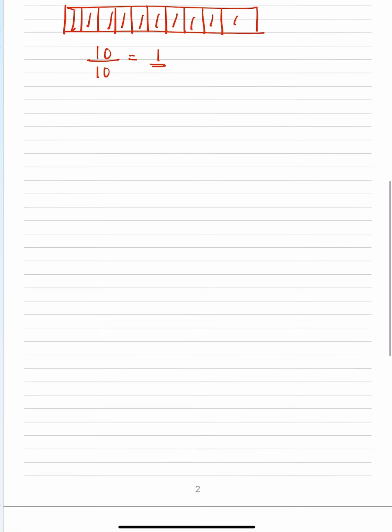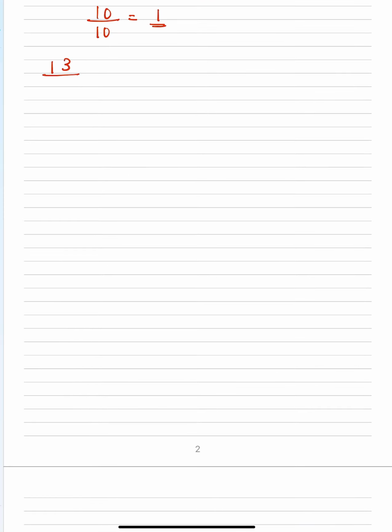Let us take one more example. If this bar with 10 equal parts has all the parts shaded, then we write 10 upon 10, which is equal to 1, correct? Same thing, if I say 13 upon 10, is it 13 parts shaded? No, this is 13 tenths.